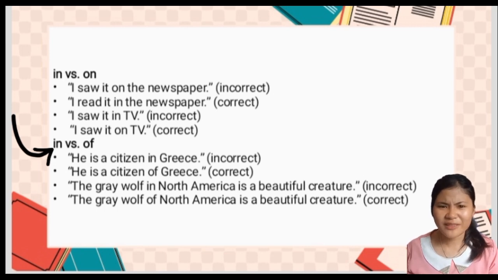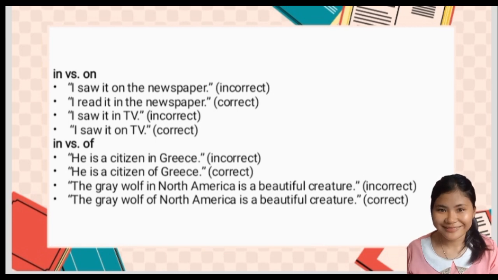So why? What is the reason? Remember, the preposition of relates to belonging, while in refers to being inside or within some place. And when we speak about countries and things within the world, we use in, not of.